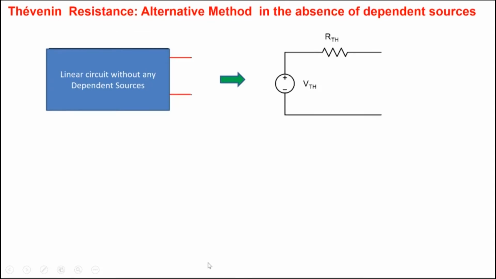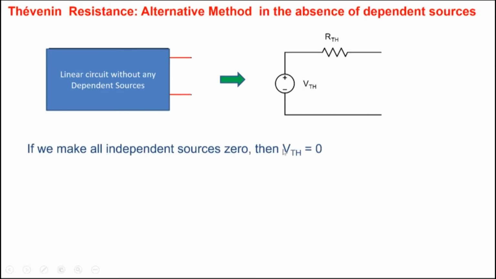There is sometimes a simpler method for finding Thevenin's resistance in cases where the circuit does not have dependent sources. If the circuit whose Thevenin's equivalent you're trying to find doesn't have any dependent sources, then the process becomes a bit simpler. Again, this circuit between these two terminals is represented by VTH and RTH.